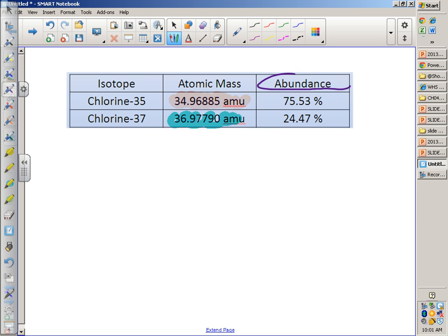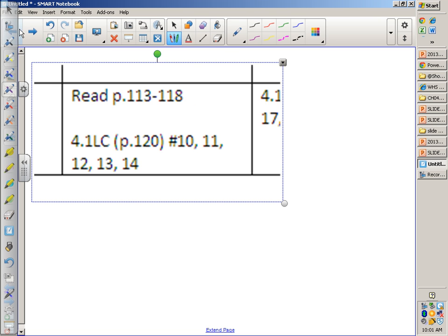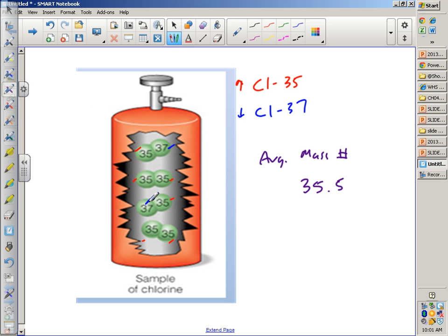The abundance. Like we saw in that random sample of chlorine gas in the last picture, approximately what percentage of those atoms are chlorine-35? 6 out of the 8 of them are chlorine-35, so what percentage is that? 75%.